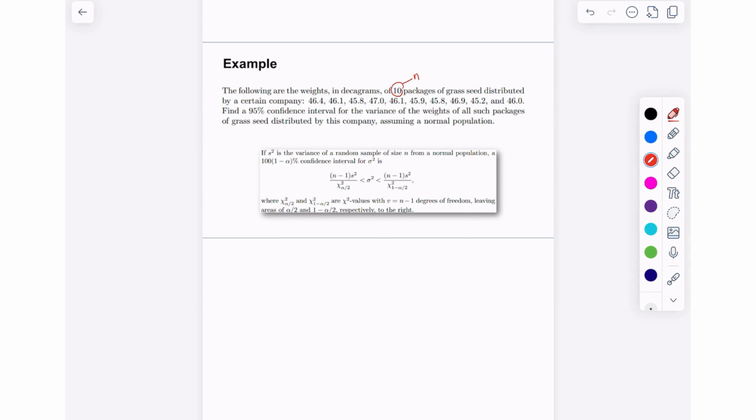Then you need to find a 95% confidence interval for the variance of the weights of all such packages of grass seed distributed by this company, assuming a normal population. So in this case n is 10, so the degrees of freedom is 9.